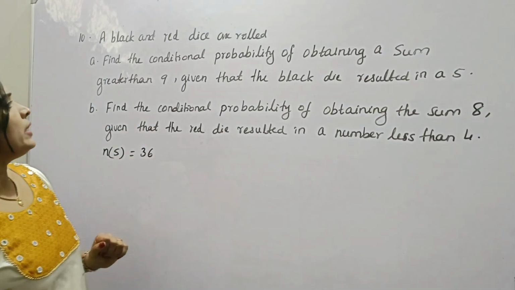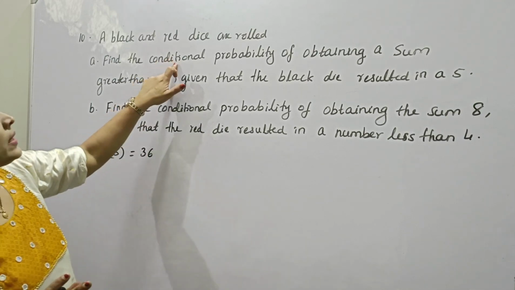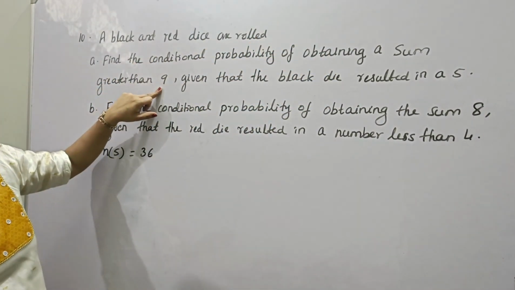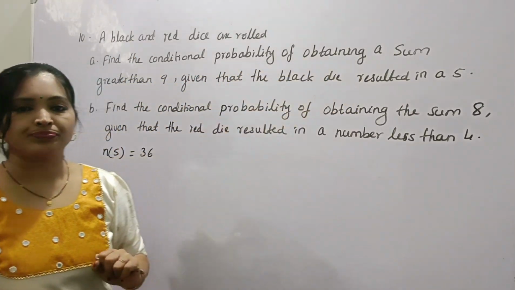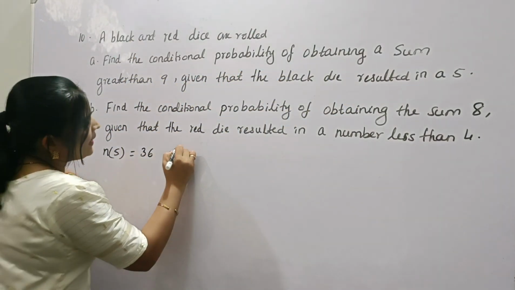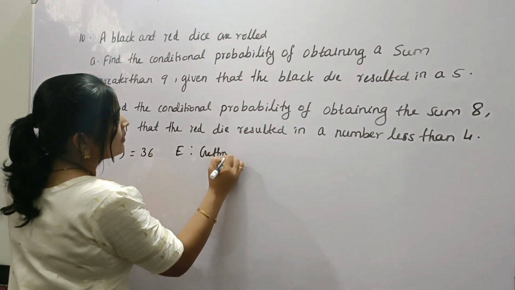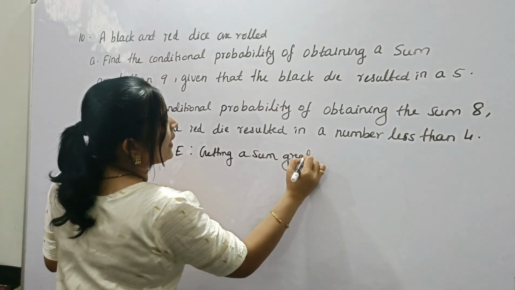Now, here we have to find the conditional probability of obtaining a sum greater than 9 given that another event, the black die resulted in a 5. So let E be the event getting a sum greater than 9.